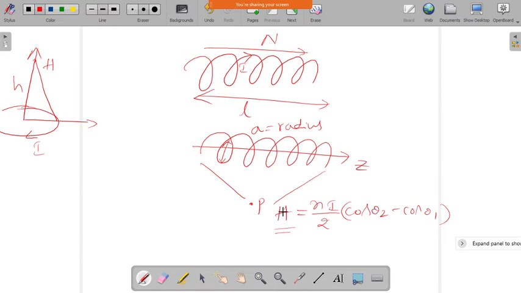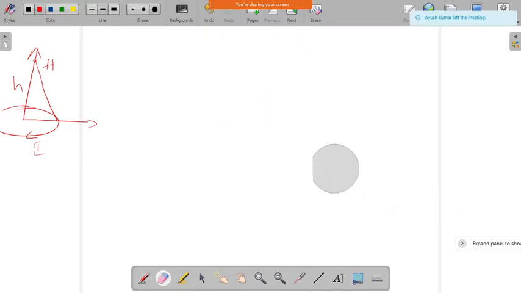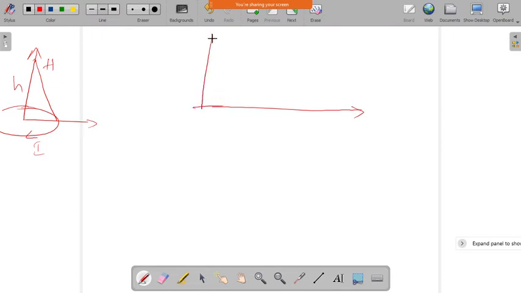Let us write the configuration properly with respect to the z axis and the radius A. So this will be the z axis and this will be the x axis.